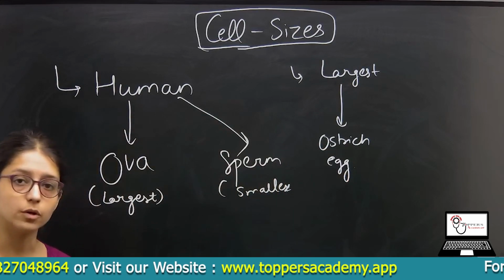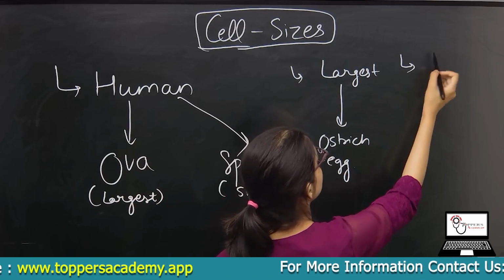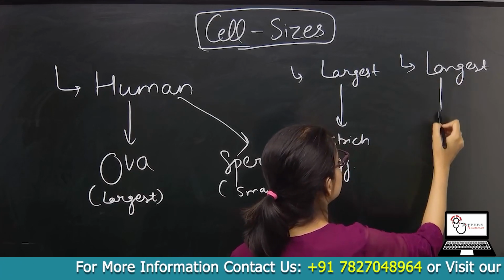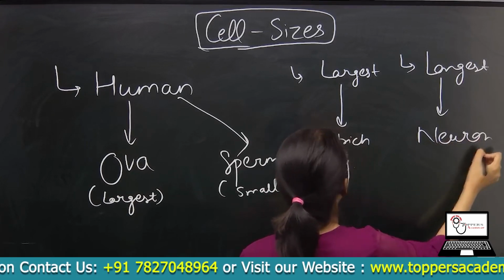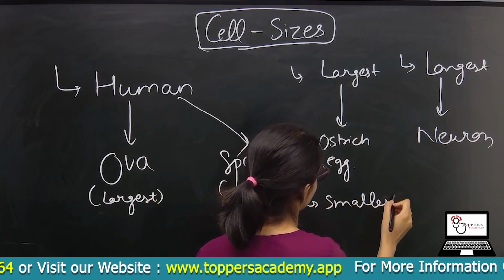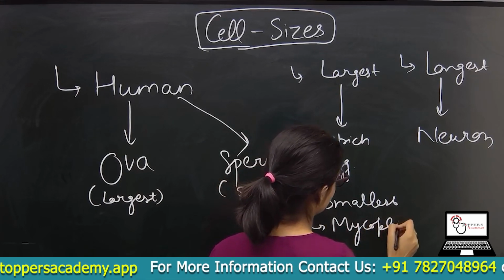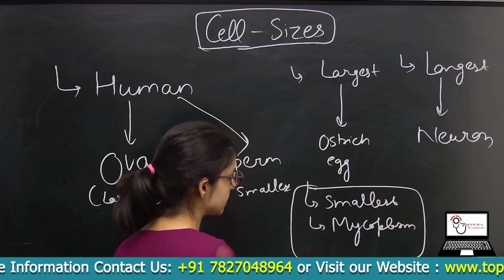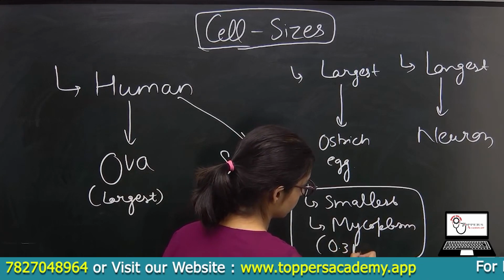If I talk about the longest, which one is the longest? The longest is the neuron, and the smallest is the mycoplasma, which is the smallest cell on earth, about 0.3 micrometer.